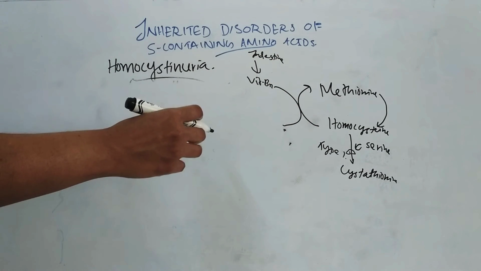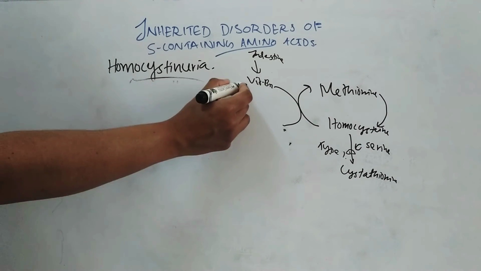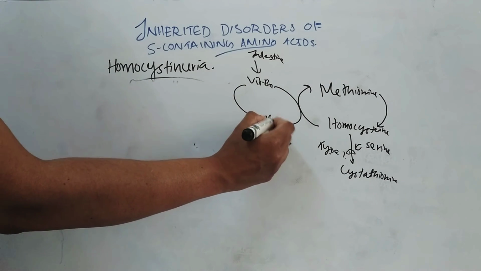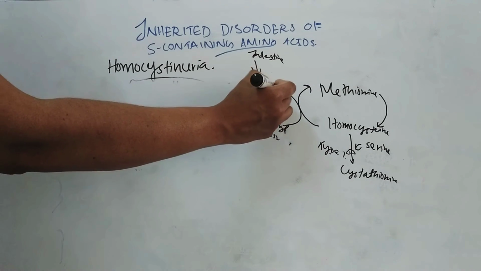Then here vitamin B12 is absorbed from the intestine, and it is converted to methyl B12. It can be converted back to vitamin B12.